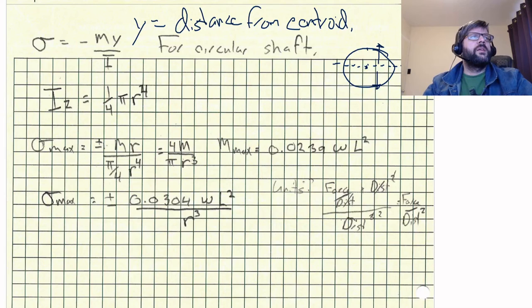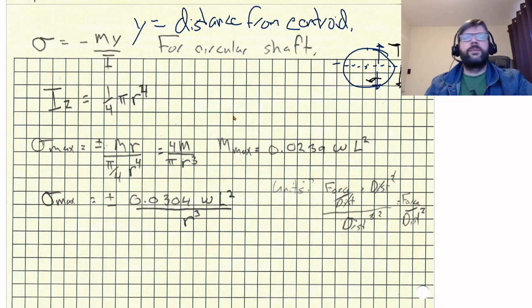How far up are we, if it's going to be positive, or how far down are we if it's going to be negative, when we're looking at our location there.